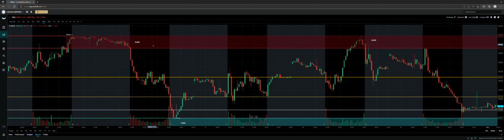You're trying to determine what these prices are, where you want to enter, where you want to exit, or where you want to enter and maybe not exit, but maybe flip and go the other direction. So that's what you're trying to determine, and that's why you need to draw the zones.